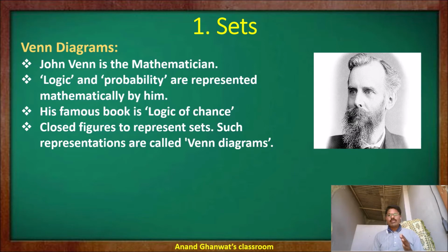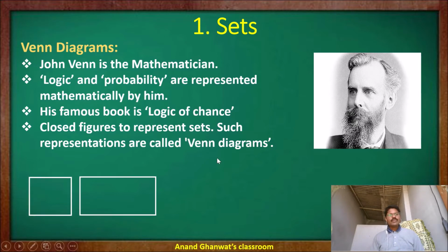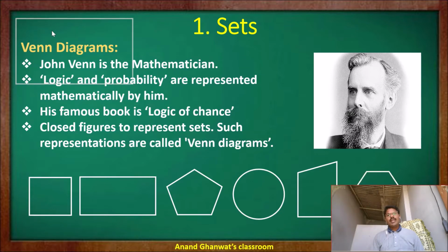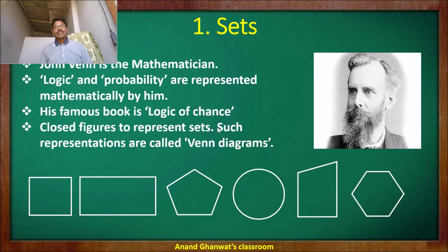All types of closed figures are used to show sets, like square, rectangle, pentagon, circle, trapezium and hexagon also. So these types of closed figures are used to show Venn diagrams.